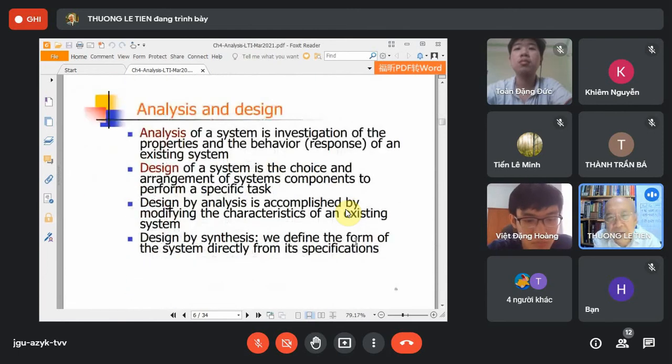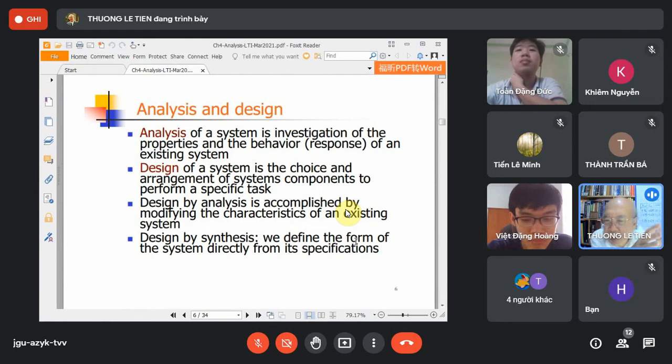Analysis and design: we split up into analysis and synthesis. If we want to do design by analysis, we can use an existing system and try to modify the characteristics of that existing system.